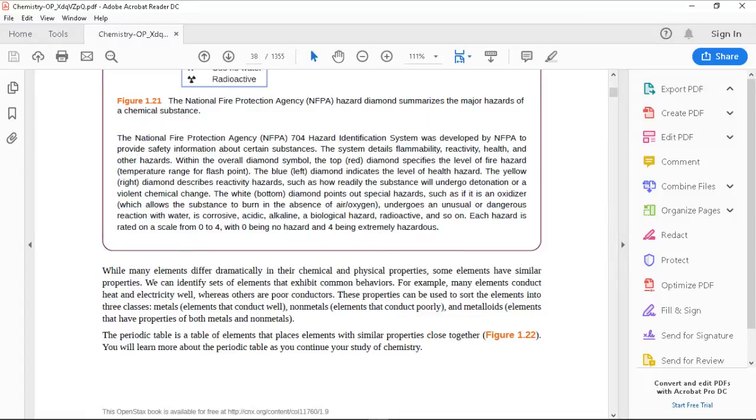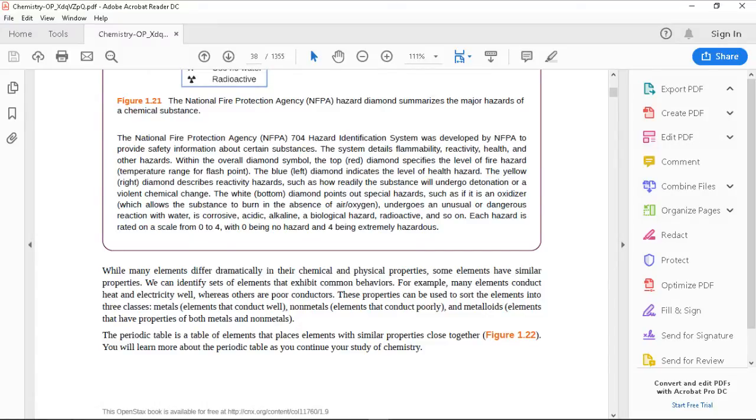The National Fire Protection Association NFPA 704 hazard identification system was developed by the NFPA to provide safety information about certain substances. The system details flammability, reactivity, health, and other hazards. Within the overall diamond symbol, the top red diamond specifies the level of fire hazard, temperature range for flash point. The blue left diamond indicates the level of health hazard. The yellow right diamond describes reactivity hazards, such as how readily the substance will undergo detonation or a violent chemical change.